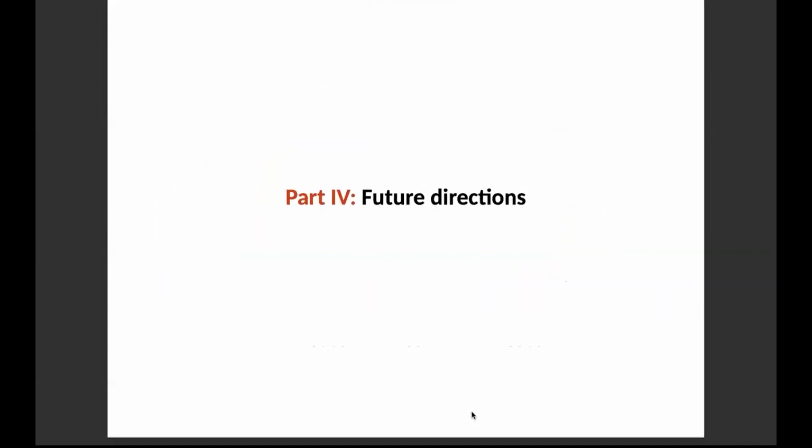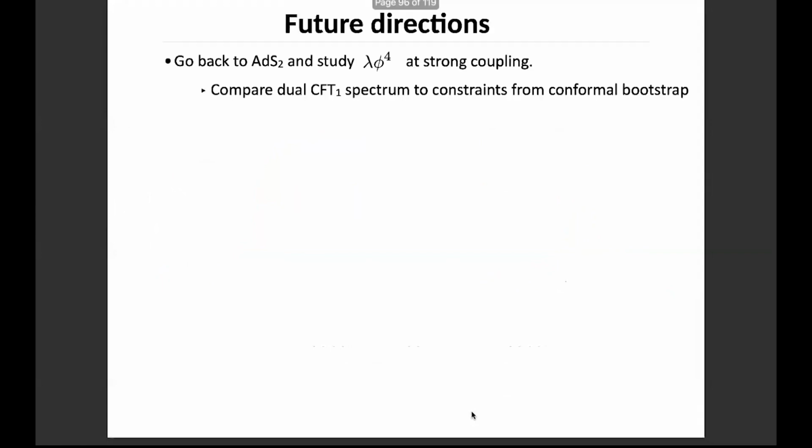Okay, this segues into future directions here. All right, so future directions. So first, for the two-dimensional case, we didn't do this, but we could go back and study the phi^4 case at strong coupling, right? So we could go back to the two-dimensional case and do Monte Carlo there and really look at the strong coupling case.